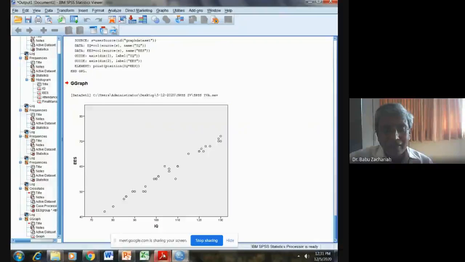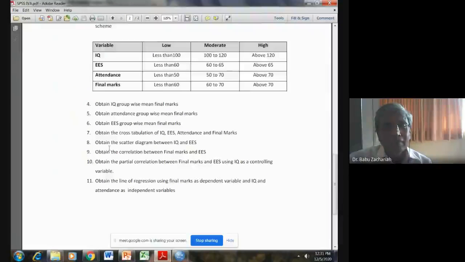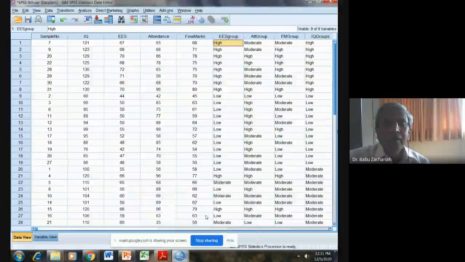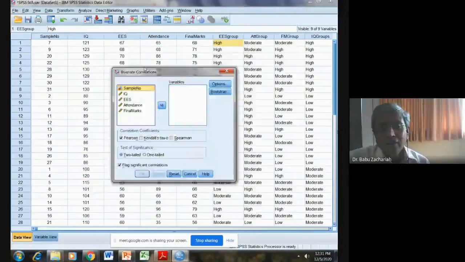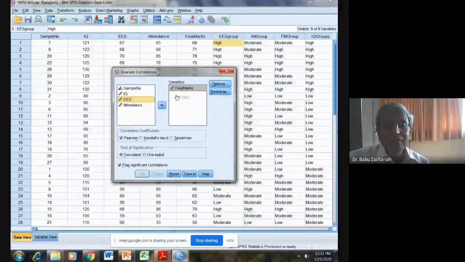And the next question is obtain the correlation between final marks and EES. So we can come here, correlation, correlate, bivariate. So here final marks, that is this, and EES, that is this.